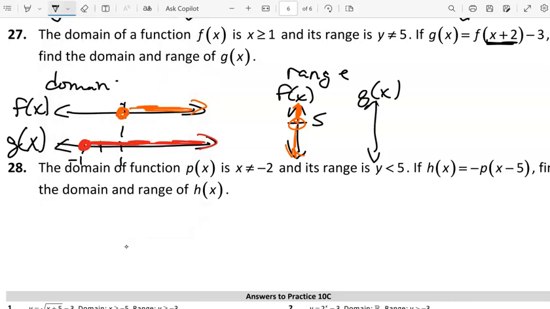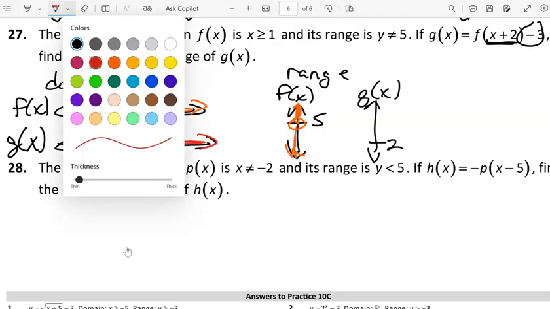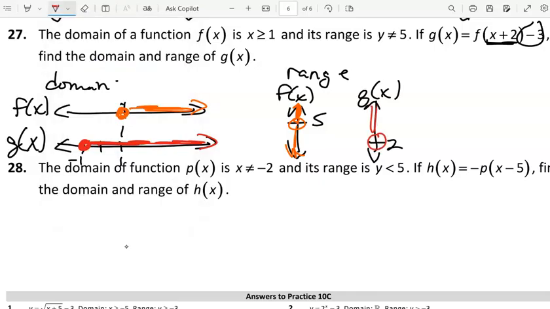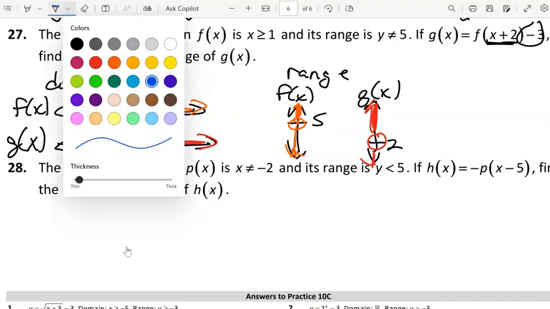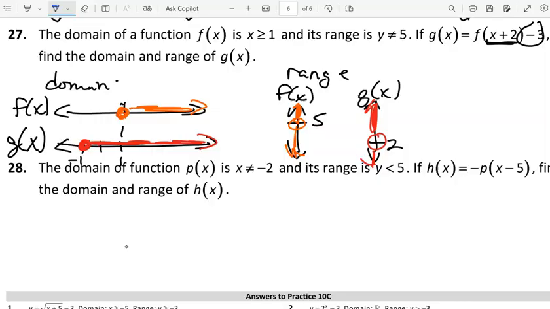And the range for g of x is found by translating down 3. So if we translate that down 3, we arrive at 2 as the location of the open circle, shading everywhere else. So the domain and range of the function g of x are x is greater than or equal to -1 and y is not equal to 2.